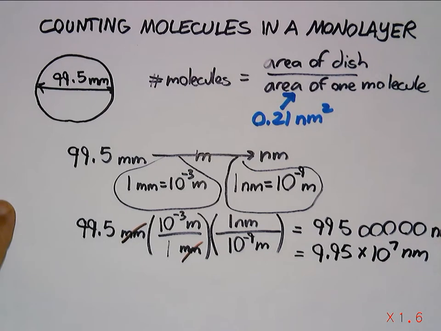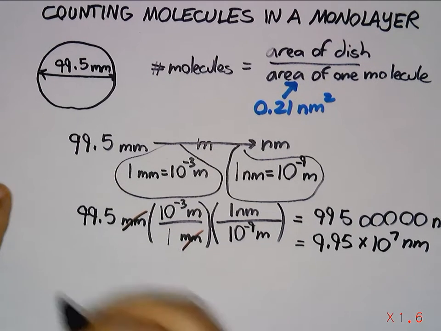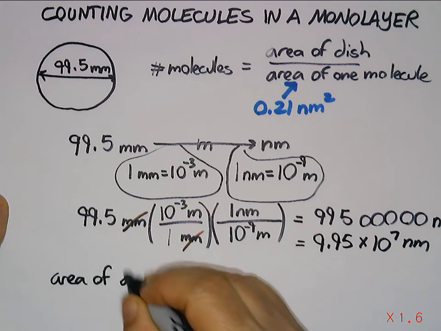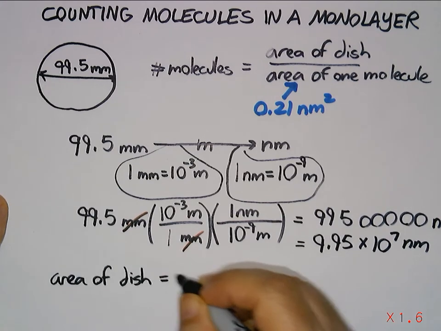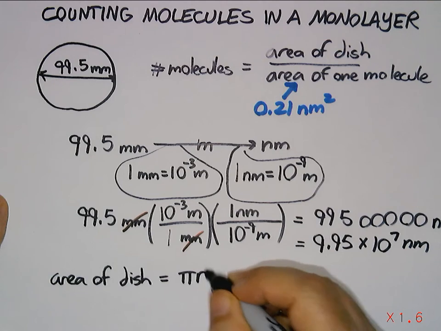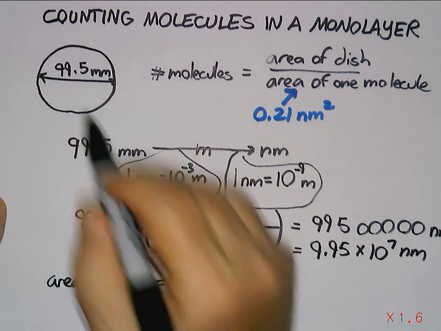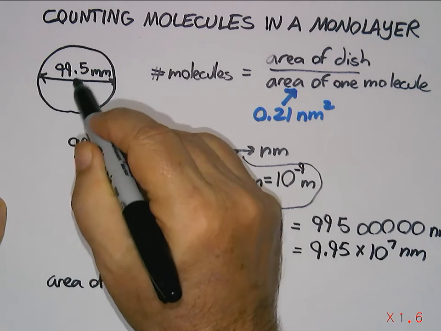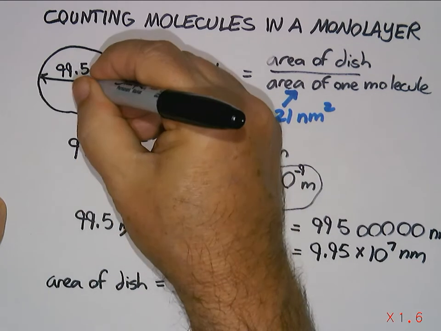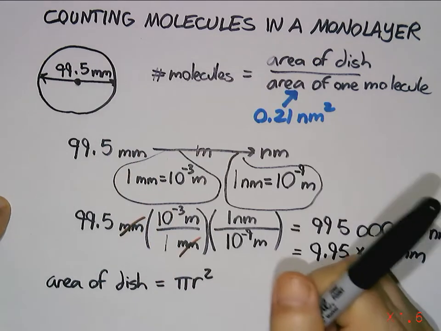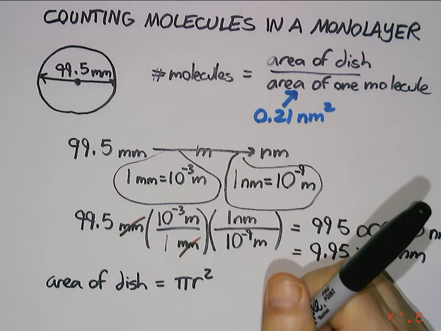Now let's go calculate the area of the dish. The area of the dish is pi r squared from high school. Now the r is the radius of the dish. It's the distance between the center of the dish and the edge. And we're using inside diameter here because that's where the monolayer is.